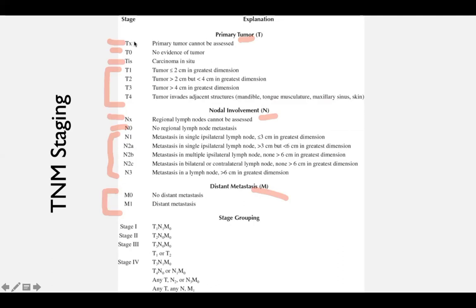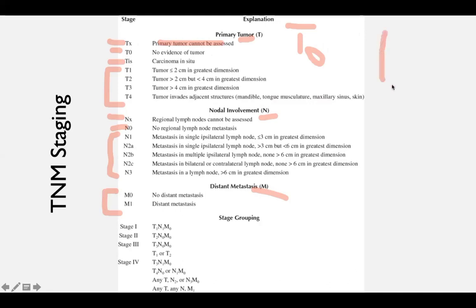TX, X means unknown. Unknown means the primary tumor cannot be assessed. And if there is T0, that means there is no evidence of tumor. It does not mean that there is no tumor, but there is no actual evidence of tumor according to TNM staging. Thus, there is no size, no mass, no irregularity, no ulcer which looks like a mass.